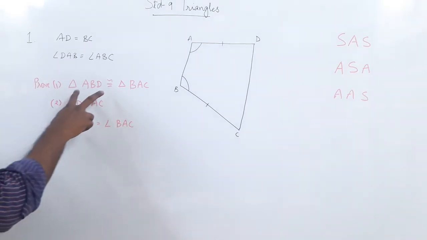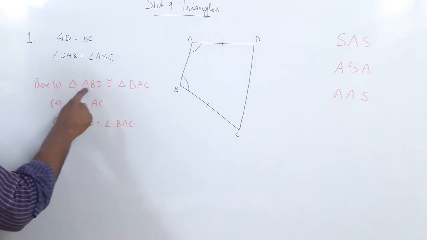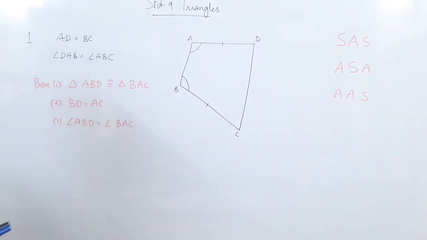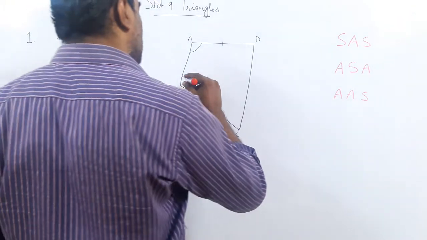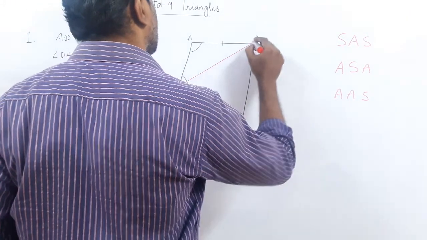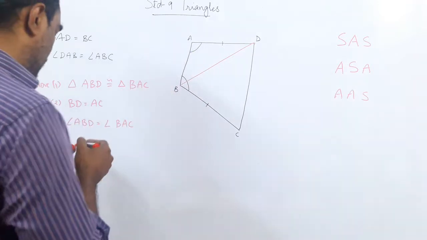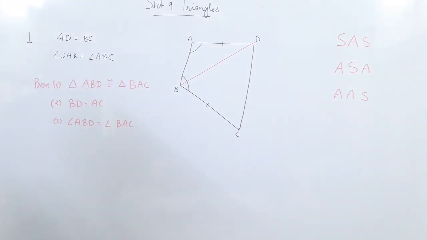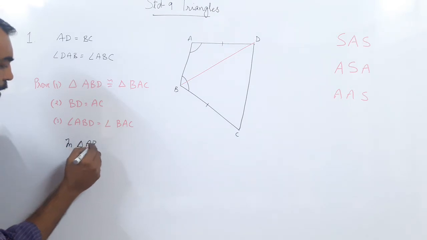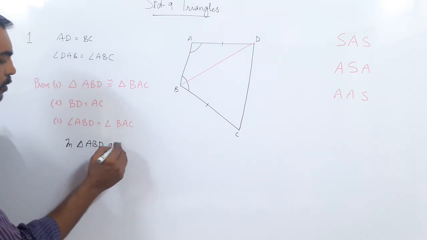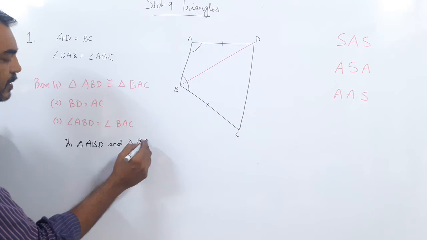So first look which triangles they are talking about. ABD and BAC. So let me join B and D. So this is one triangle I got, ABD. So let me write also, in triangle ABD and triangle BAC.